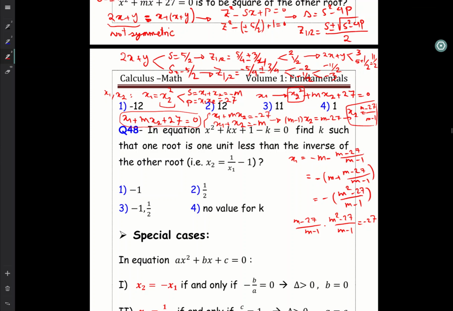But again, we can look at the choices that are here. Either it's plus 12, negative 12, 11, or 1. Obviously, it's not 1, right? Let's try, for example, 12. So what happens if m is 12?